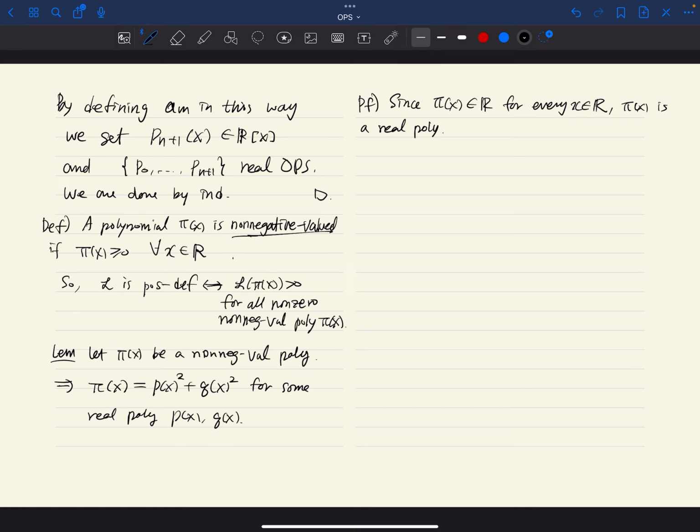If you want, you can prove it by considering the leading coefficient.